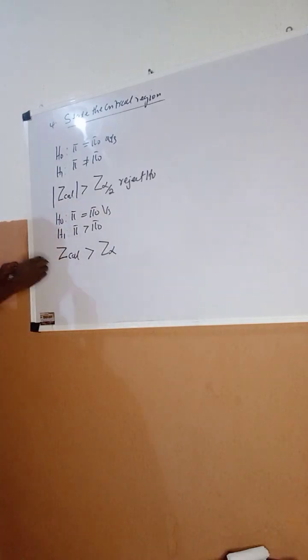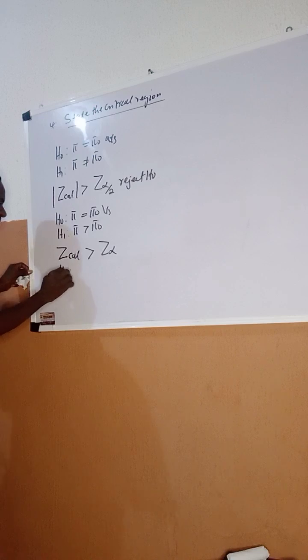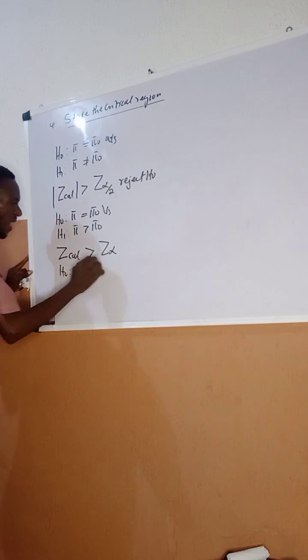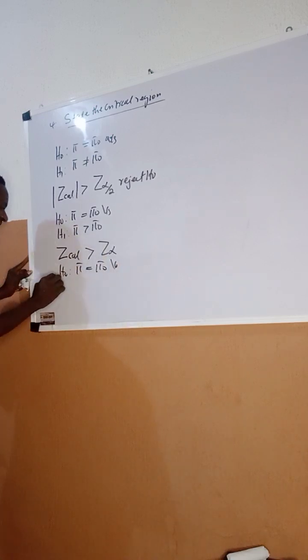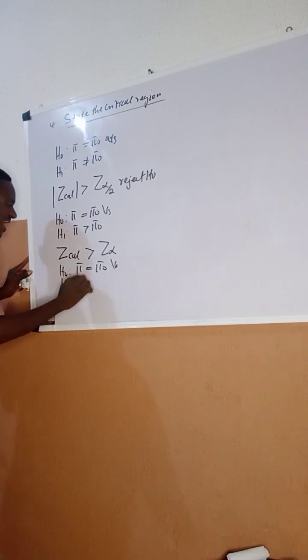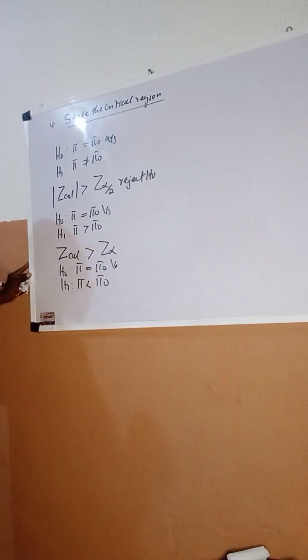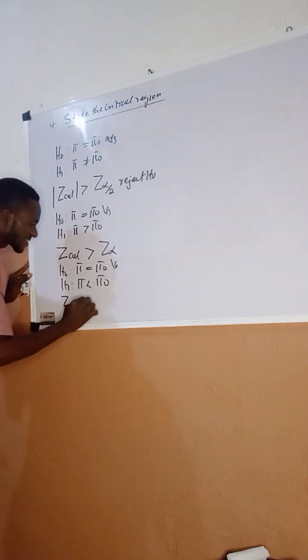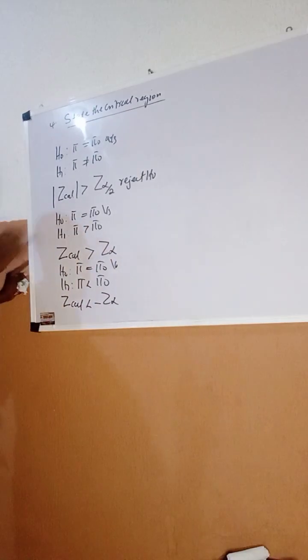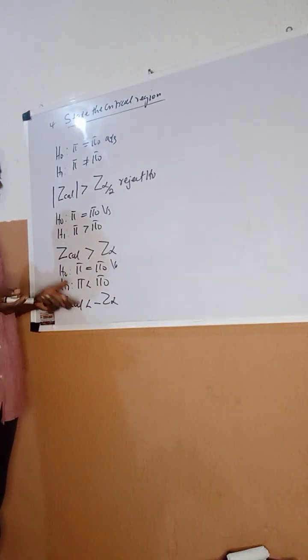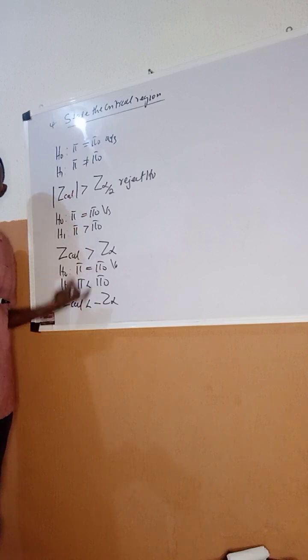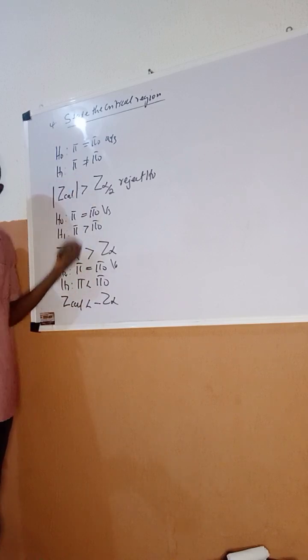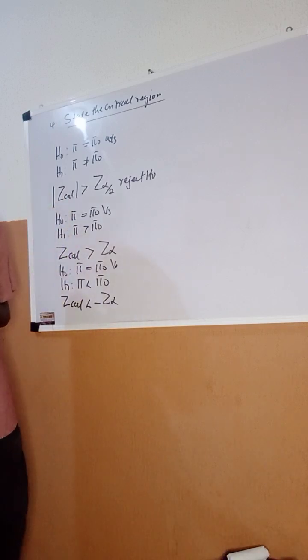But when we have H subscript 0 that pi equals pi 0, versus H subscript 1 that pi is less than pi 0, we are only going to reject the null hypothesis if our z cal is less than minus z of alpha. So these are the conditions of the critical region depending on the tails of the alternate hypothesis.